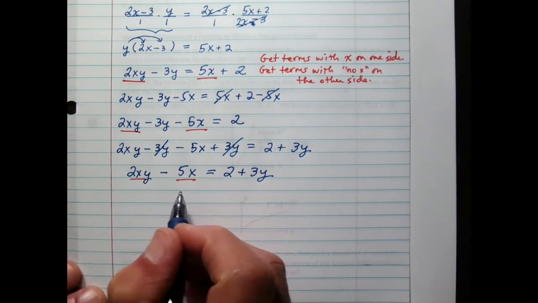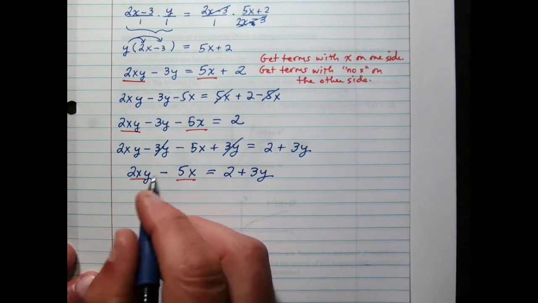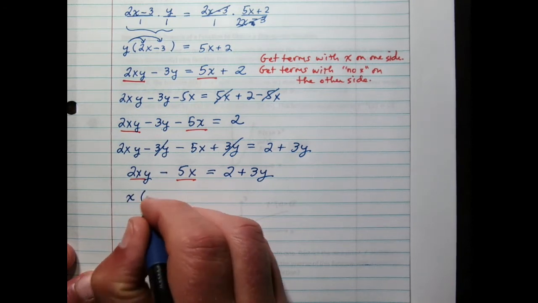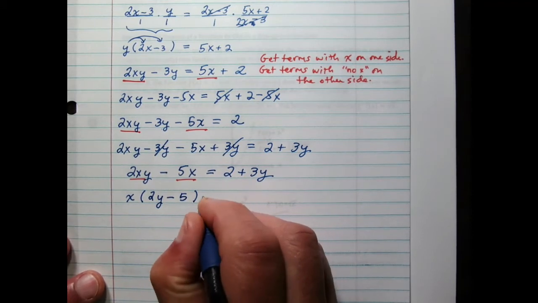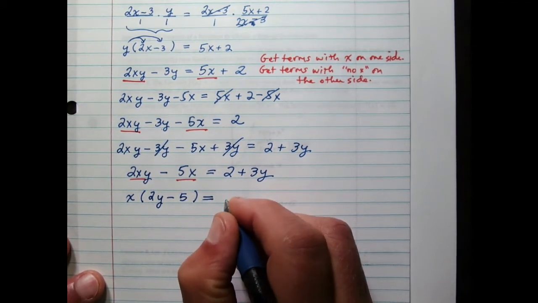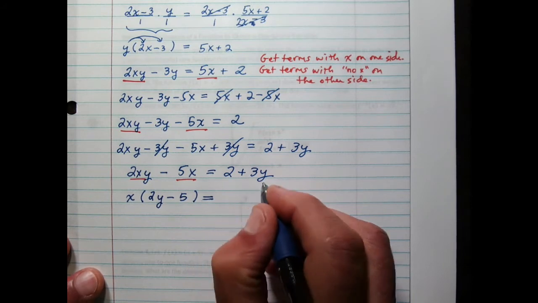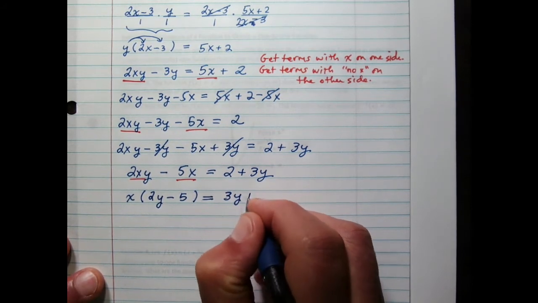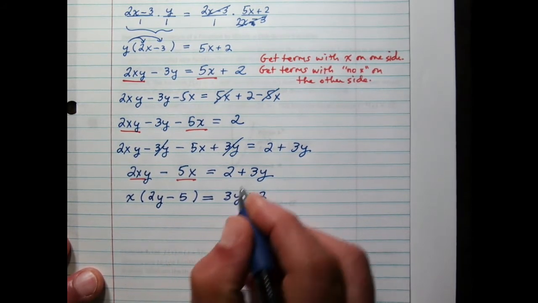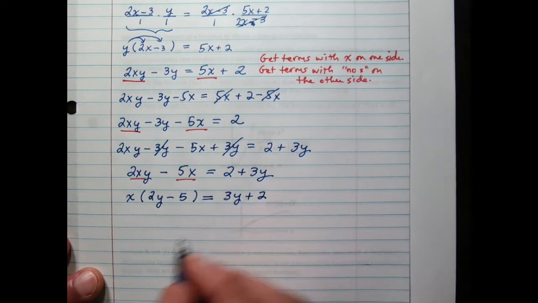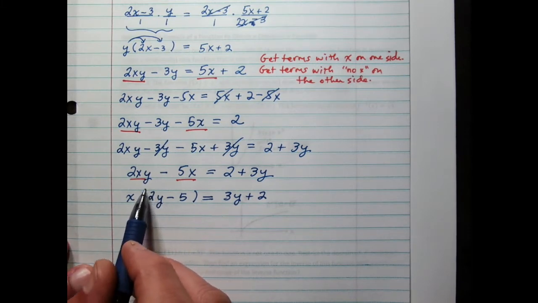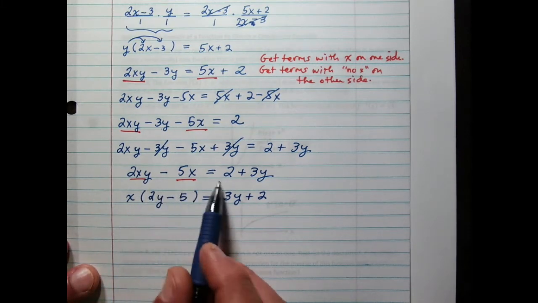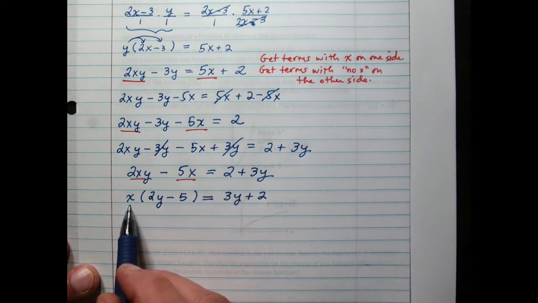The whole point of doing this is I can now take this left-hand side and factor out an x. And I have x times 2y minus 5 in parentheses equals, I want to write this right-hand side as 3y plus 2. It doesn't really matter, it's the same if I rearrange and put the y term first. So now that I've factored out that x, I've accomplished the goal of getting this whole equation written with x occurring just once.